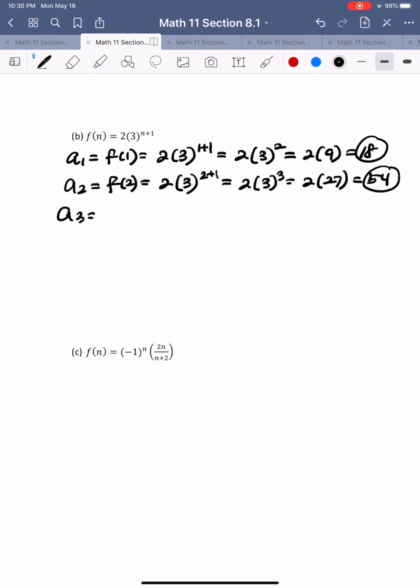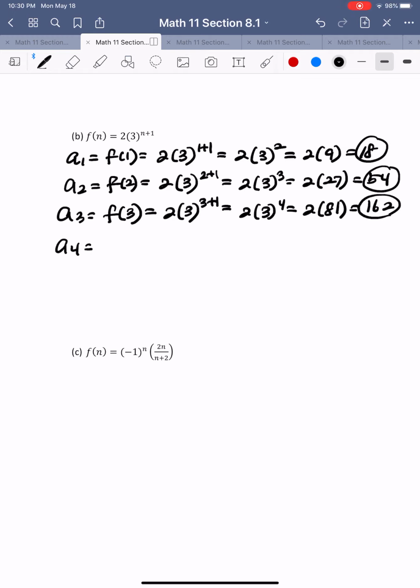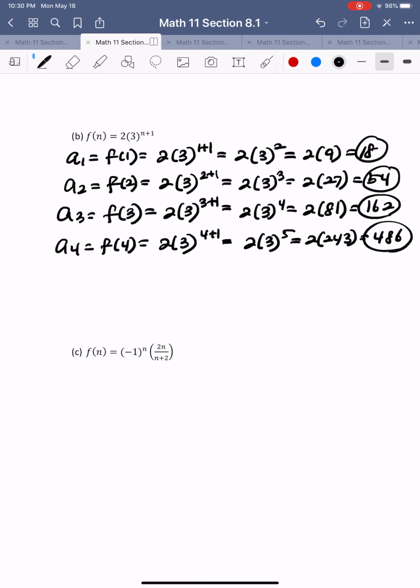A sub 3, where n is 3: 2 times 3 to the 3 plus 1, so 2 times 3 to the 4th power, 2 times 81, which is 162. A sub 4 is f of 4: 2 times 3 to the 4 plus 1 power, which is 3 to the 5th, 2 times 243, which is 486. So those are the first four terms.